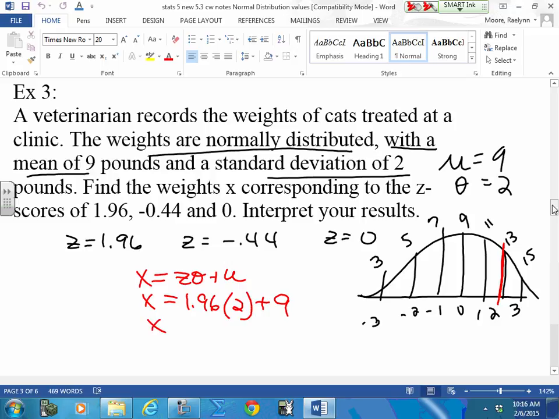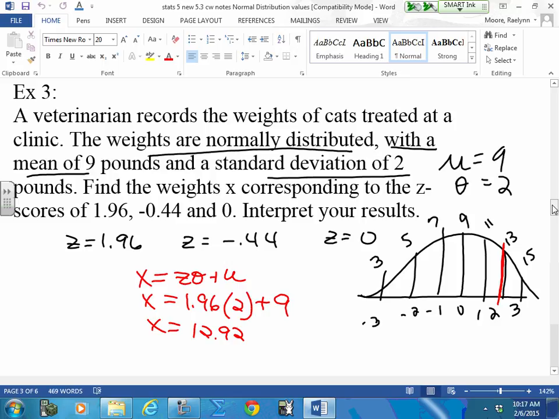It's already transformed. We transformed it. What'd you get? 12.92. Now, does that make sense? Shouldn't it be real close to the 13? Yes. Okay, so let's try another one.